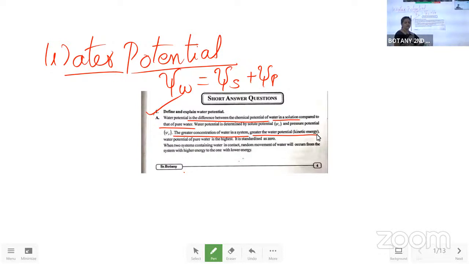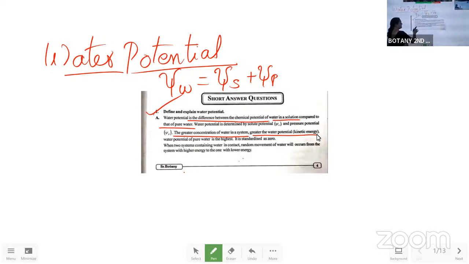How is movement measured? With kinetic energy only. Same thing we are writing here. When the water concentration in a system is greater, the water potential, or kinetic energy of water, is more.